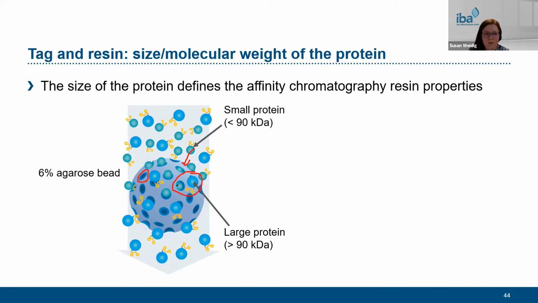So that means you have more binding sites for small proteins than for large proteins. And therefore you have a lower binding capacity for large proteins with a 6% agarose bead.